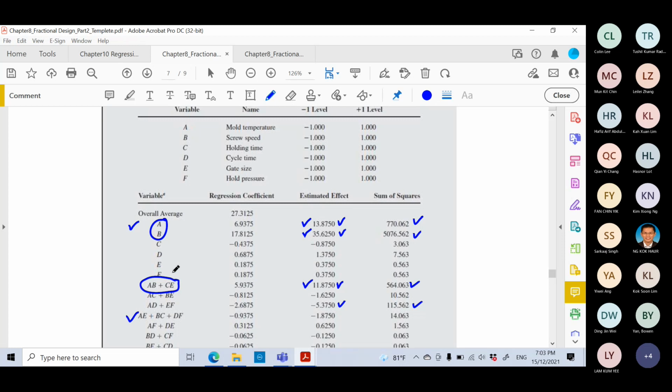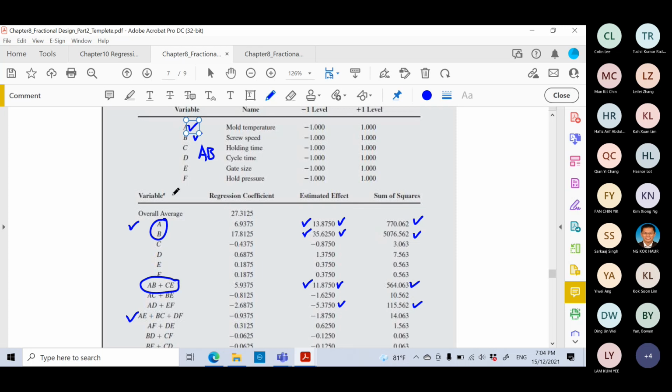So therefore, from this analysis of running the 1/4 factorial design, we identify that factor A, factor B, and the interaction AB are important. This means all these three will help us to formulate the regression model, where we are going to do some prediction or try to estimate the response value.